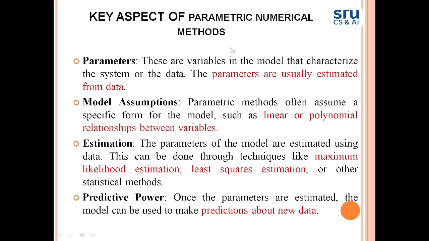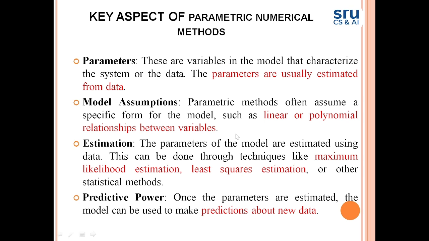What are the key aspects of parametric numerical methods? Parameters are usually estimated from the data. Then we have the model assumption: a specific form of model such as linear or polynomial relationship between variables.